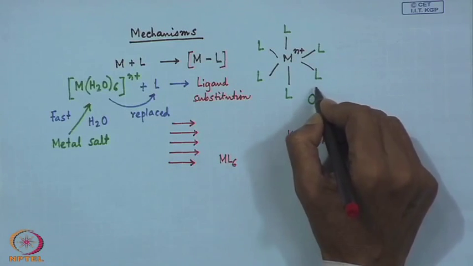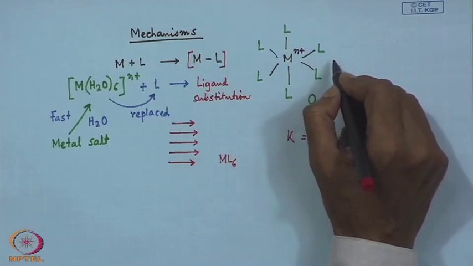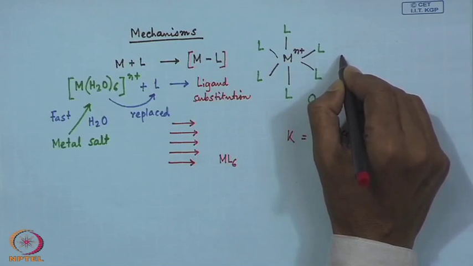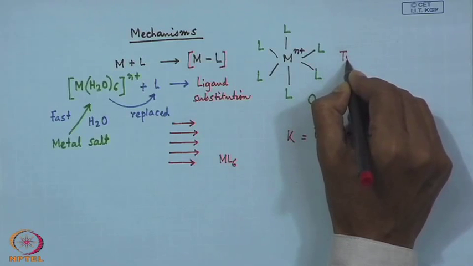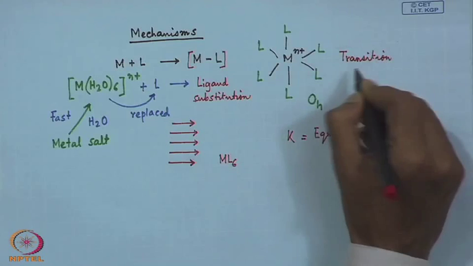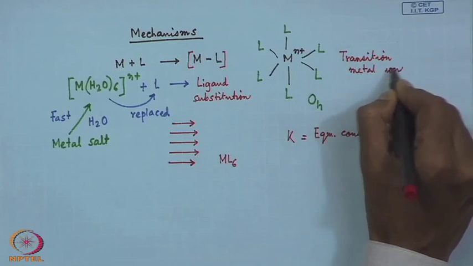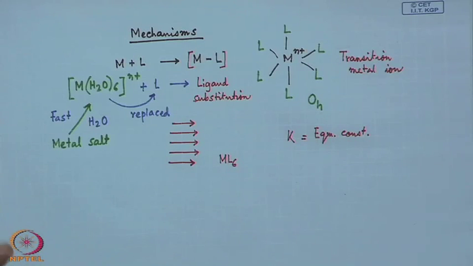Most of the cases we study in these octahedral complexes of M^n+ are complexes of transition metal ions, which would be colored.